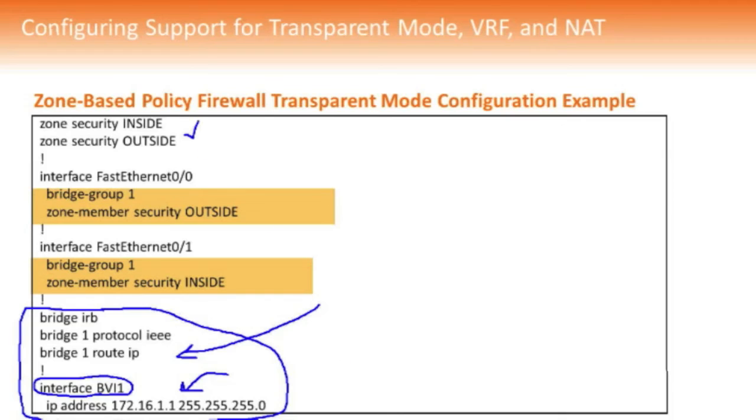You're creating your zones, you're putting your interfaces into zones, and you're utilizing the bridge group in order to apply the IRB configuration to these interfaces. So very, very clever. In order to get the transparent zone-based firewall, you are configuring IRB in conjunction with zone-based.